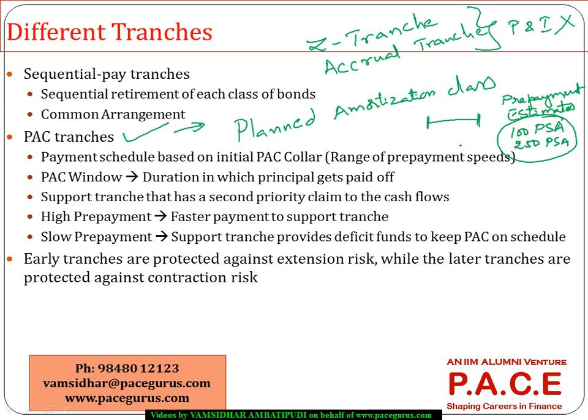Based on these two layers of benchmark, which are typically called the initial PAC collar, different prepayment speeds are selected. One will have a lower prepayment rate, right? 100 PSA may have a lower prepayment rate, whereas 250 PSA may have a higher prepayment rate.